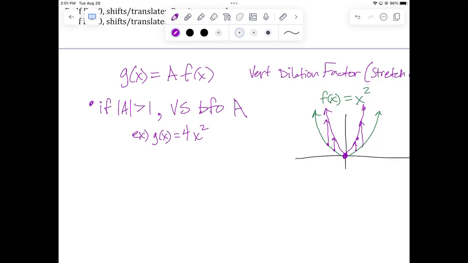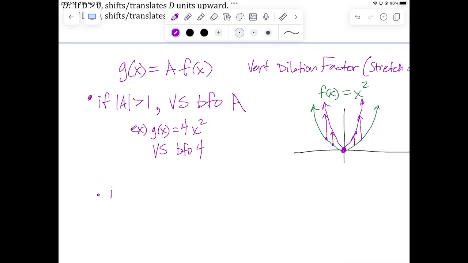It's like you're grabbing this function, it's attached to strings, and you're pulling straight up on it. You're going to have the effect of making it narrower by a factor of 4. Okay? That's what we're doing. So what we would say then is this is a vertical stretch by a factor of 4. Vertical stretch by a factor of 4. 4 times taller. That's pretty straightforward.